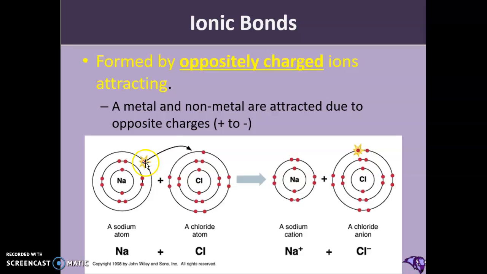It wants to lose that electron to drop that entire shell and drop down to a full complete shell of 8 right here. That is where it's most stable. So sodium wants to lose an electron. Chlorine, on the other hand, wants to gain an electron because they only have 7. So they're almost complete. They just need 1 more electron to complete their outer shell of 8.